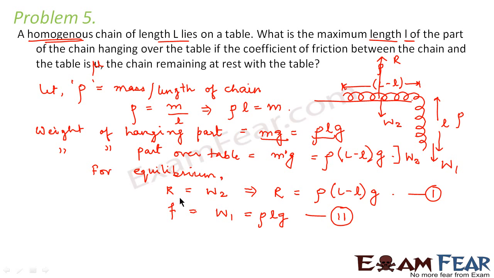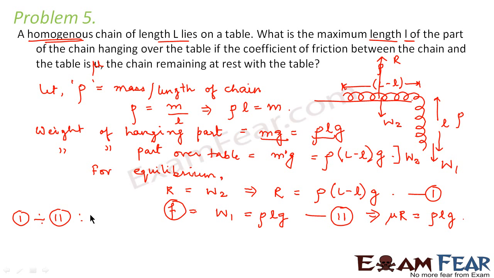Now we'll take into consideration the first equation and second equation. We will divide the first equation by the second equation. We know that F is nothing but mu into R, the normal reaction. So mu R is equal to rho lg.